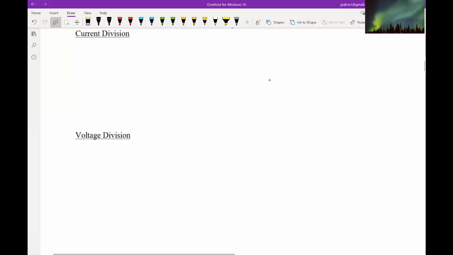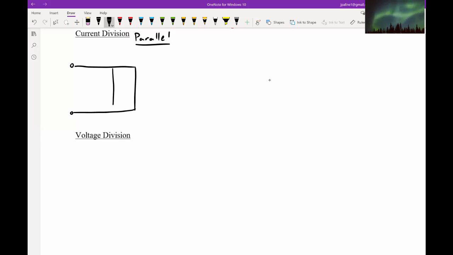All right. Let's take a look at current division. So what does current division look like? If we want to use current division, this needs to be in parallel. And what does that look like? If we had a circuit that had 3 branches on it, so R1, R2, and R3, and we had a current, which we're going to call I of S, source current.